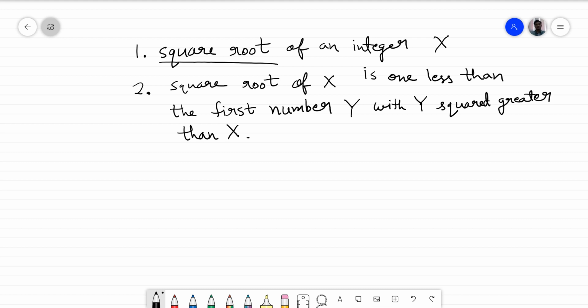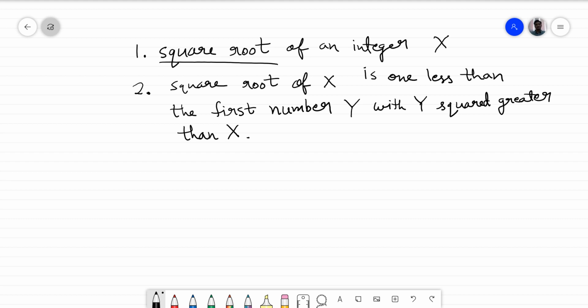Find the square of 4, it is 16, which is equal to 16. Okay, fine. Find the square of 5, that is 25, which is greater than 16. So now you take the number 5, subtract 1, and that is the square root of 16.